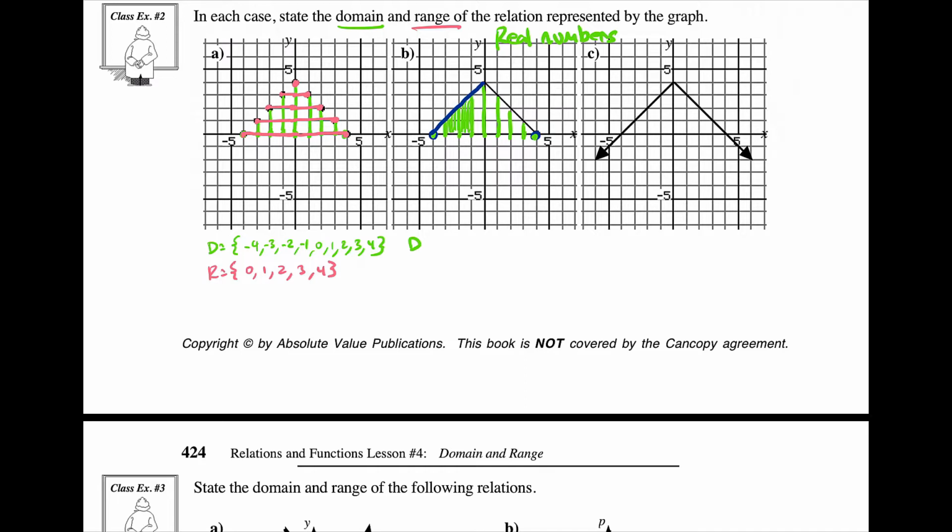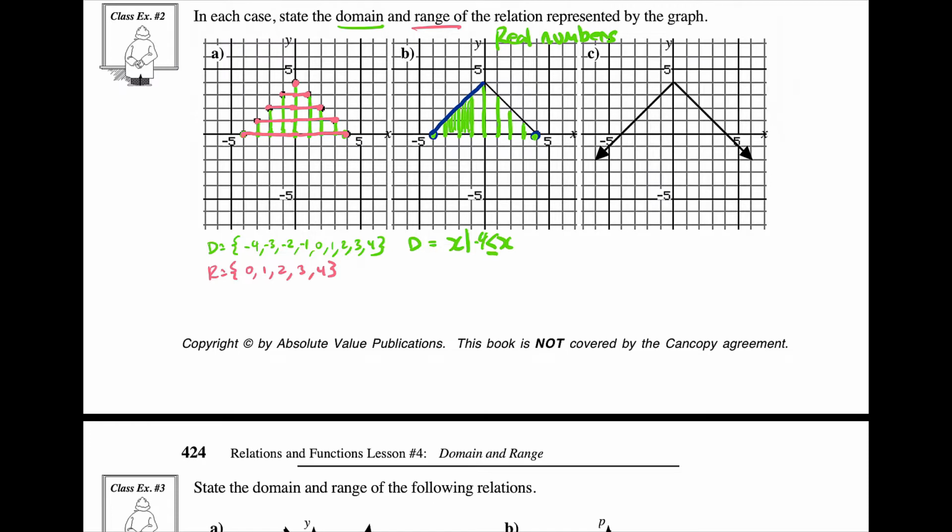So I'm going to set this up a little bit different. I'm going to say the domain equals x such that x is what? X is going to be greater than, now I'm going to have to move this one over a little bit, greater than -4 and includes -4.